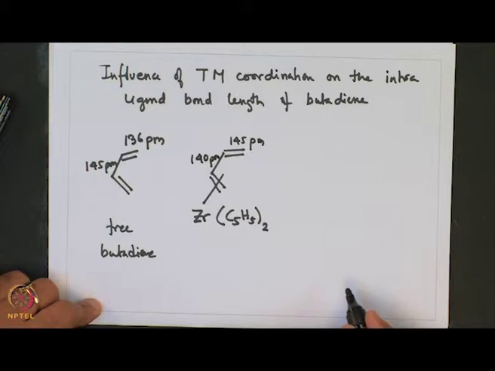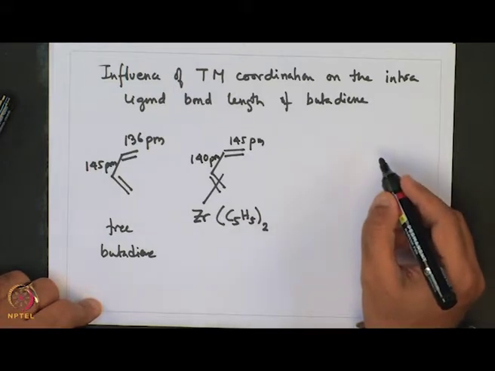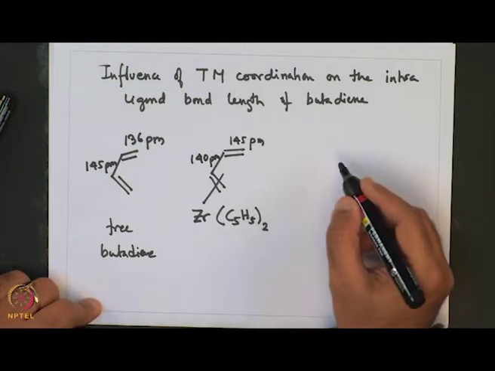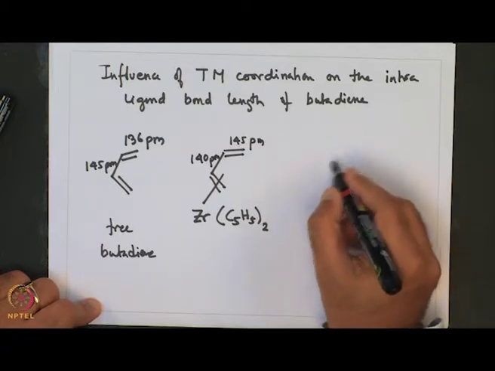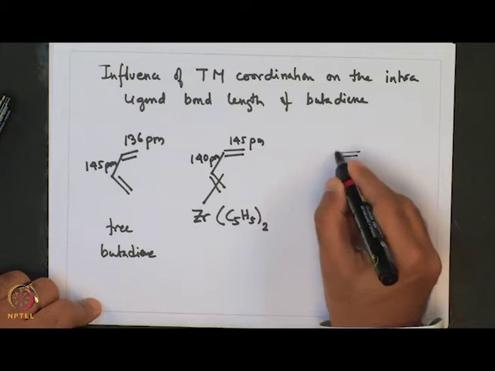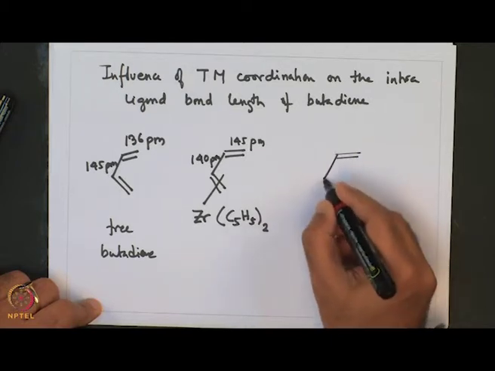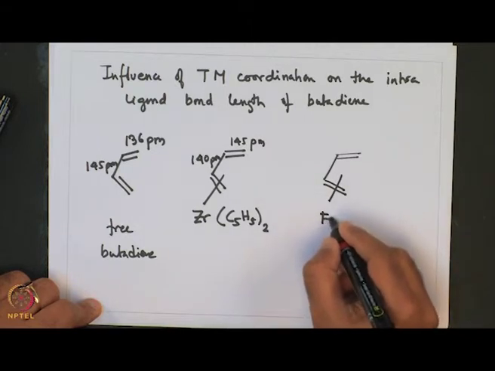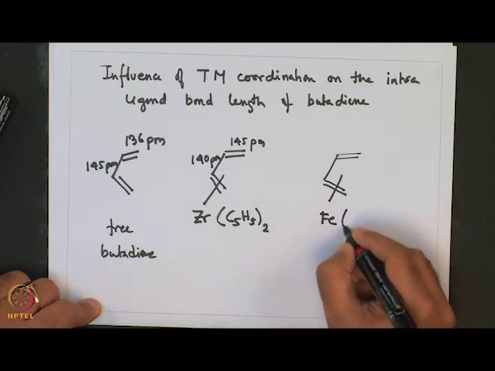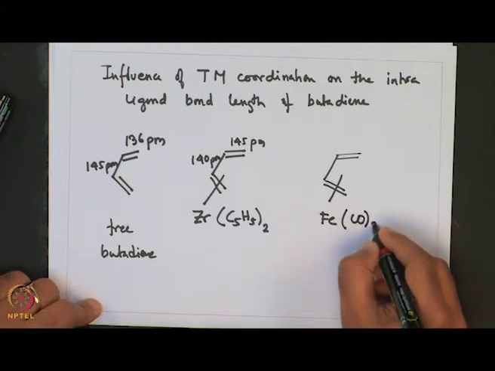And the same can be seen from iron coordination, where butadiene is coordinated to Fe(CO)3.